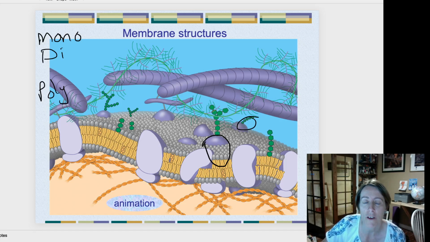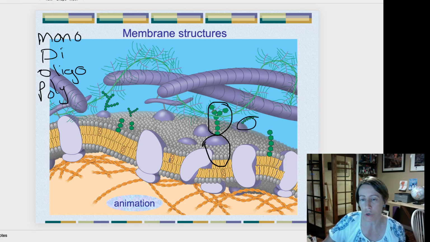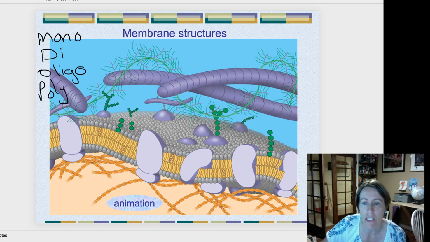A word for a few is oligo. It's a word we use a lot in science, and it means a few: not as many as poly, but more than one or two. So this part is an oligosaccharide, a short chain, more than a mono or a di, but not exactly a poly. So we have an oligosaccharide attached to a protein.